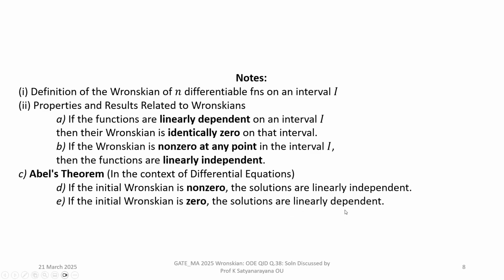This is also there. And people think that this property E is not true, but it is true. And to establish such a result, you have to use Abel's theorem. So, catch hold of all the concepts related to the Wronskian, work out some problems, and make a good notes of it. That will be helpful to you.